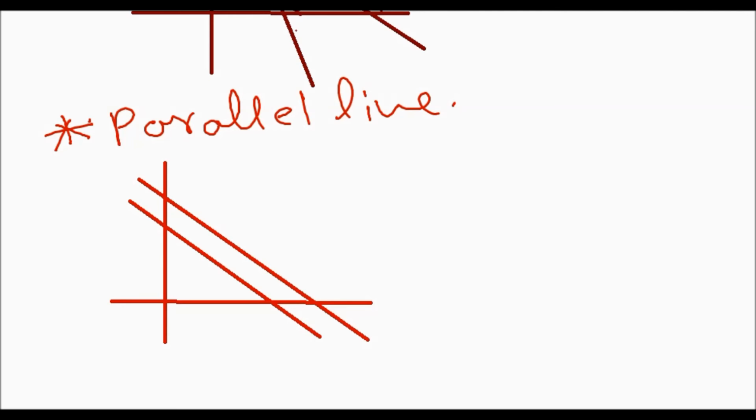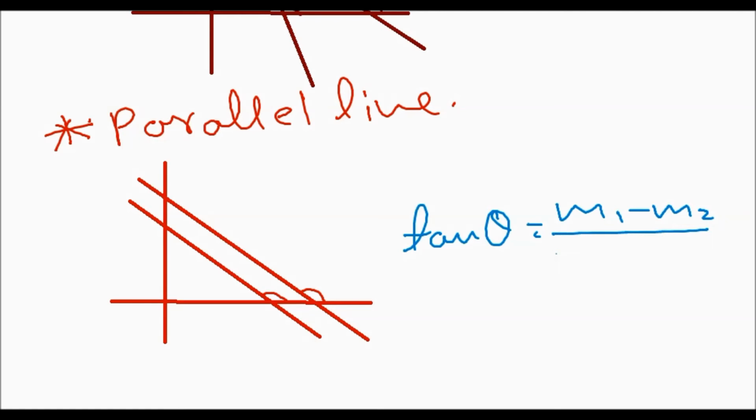As you can see in the graph, the slope of both the lines will be the same, but how do I prove it? I know the formula for the angle between two lines: tan theta is equal to m1 minus m2 by 1 plus m1 m2.